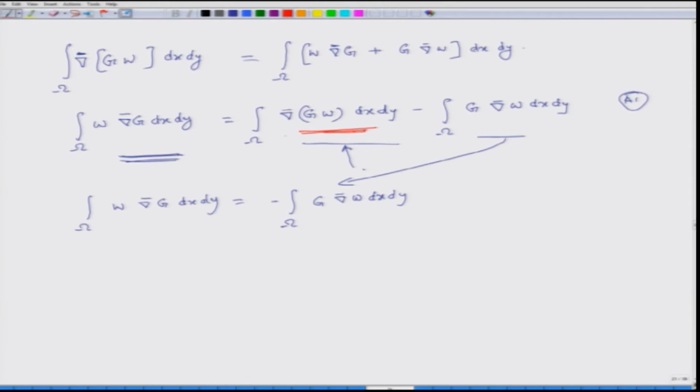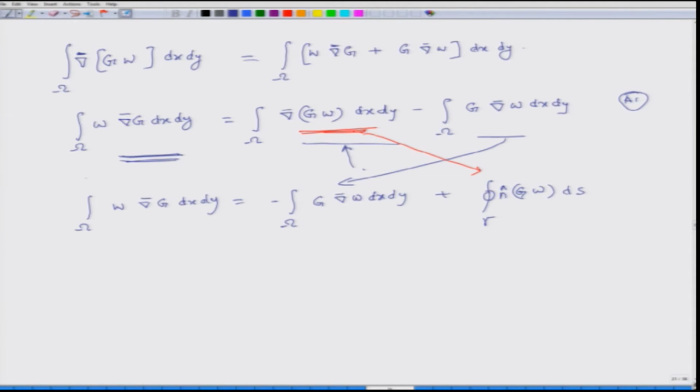This is a domain integral and I can express it in terms of a boundary integral using the gradient theorem. So, that term comes to plus the boundary integral of g times w, and there should be a unit normal here, times ds.